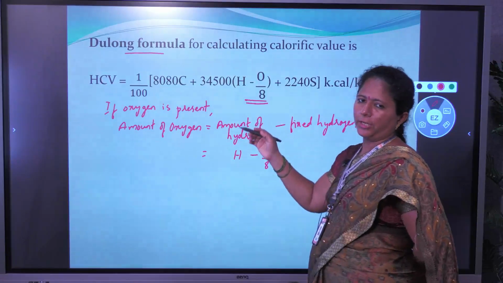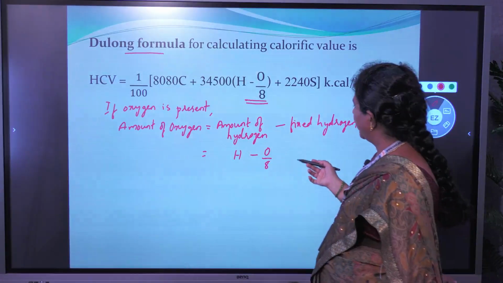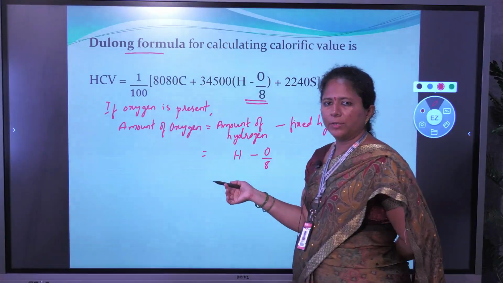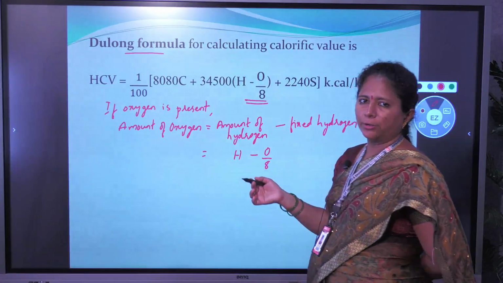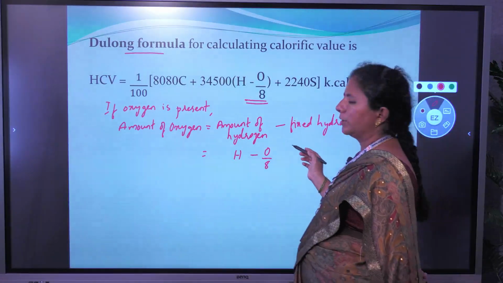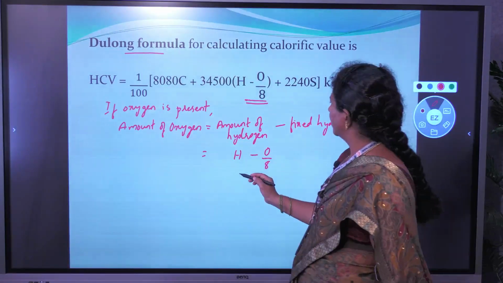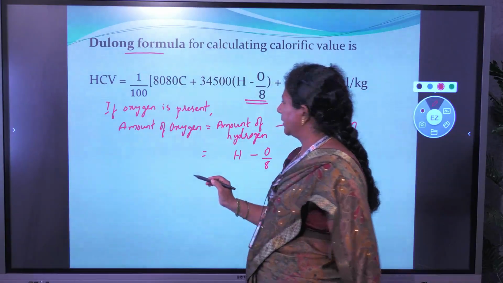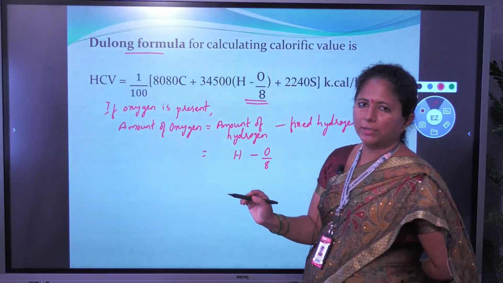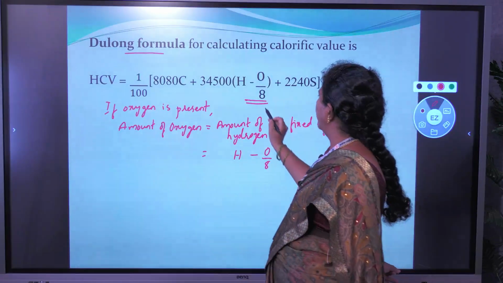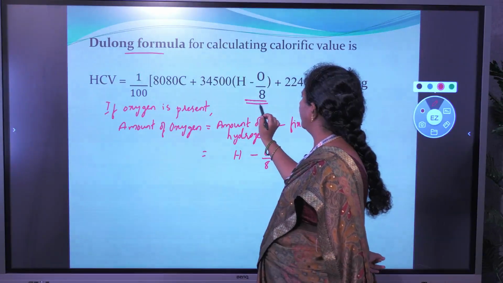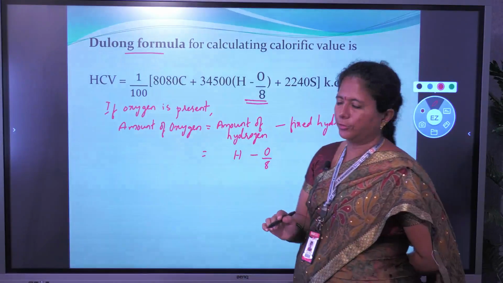Already I showed you earlier, 8 parts by weight of oxygen combined with 1 part by weight of hydrogen to form H2O, 9 parts by weight. So that's why while calculating the calorific value formula, we have to subtract the oxygen amount divided by 8 from the amount of hydrogen.